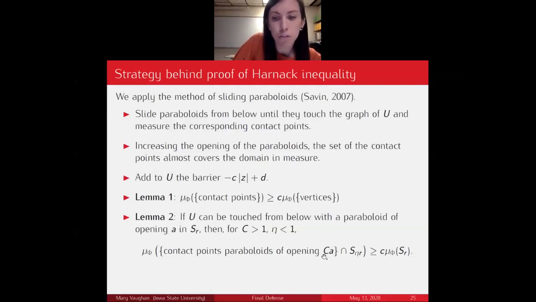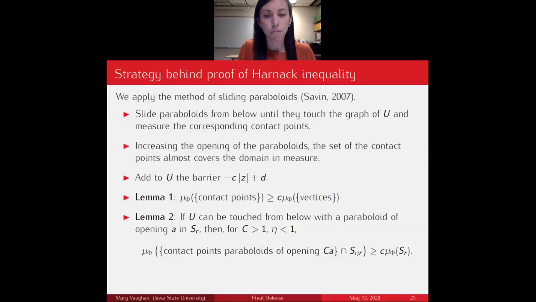And these make up a universal portion of the original set S_R that we touched in. So the takeaway from this lemma is if you can touch at a point in S_R, then nearby you can touch with narrower paraboloids.